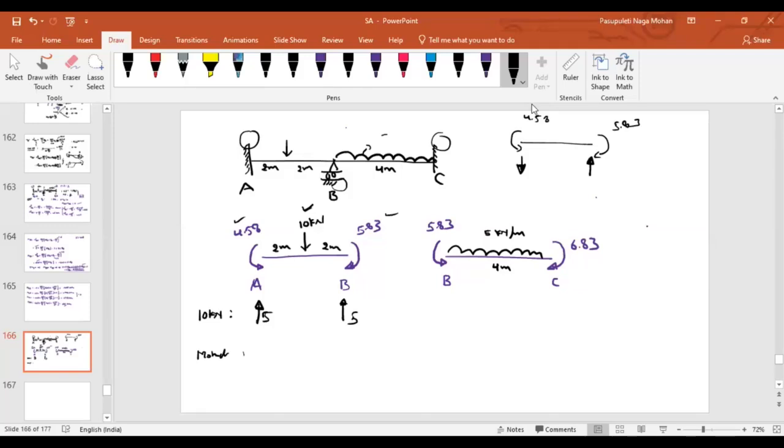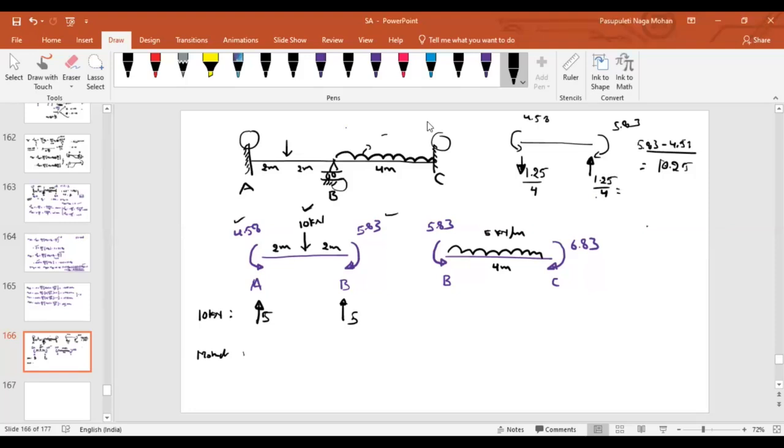Sum those two values: 4.58 in anti-clockwise, 5.83 in clockwise. What is the net value you will get? 5.83 minus 4.58, that will be 1.25. The reaction will be 1.25 divided by the length of the beam, 4.